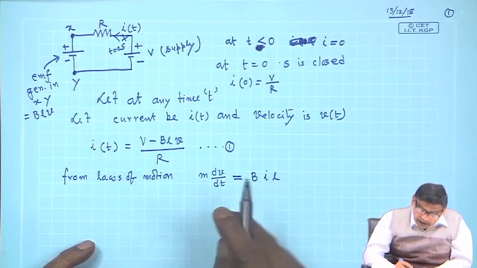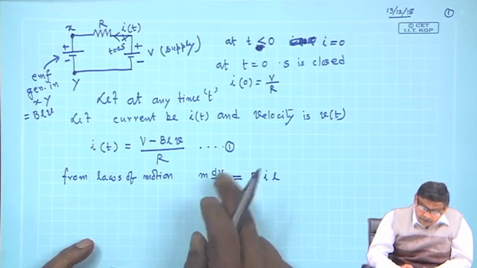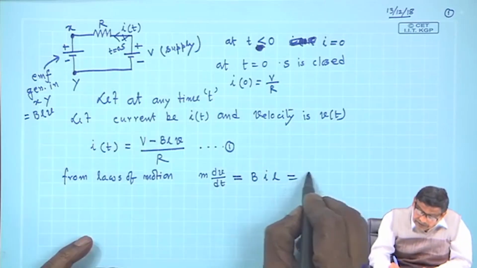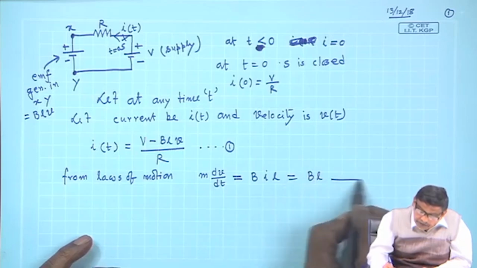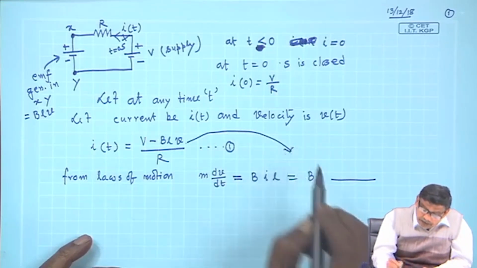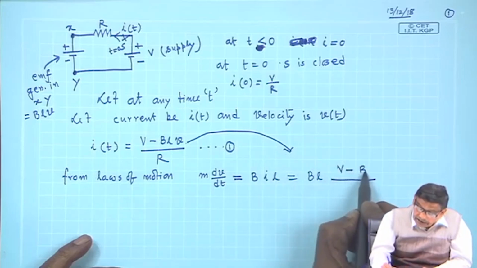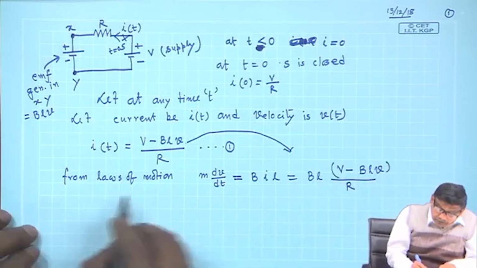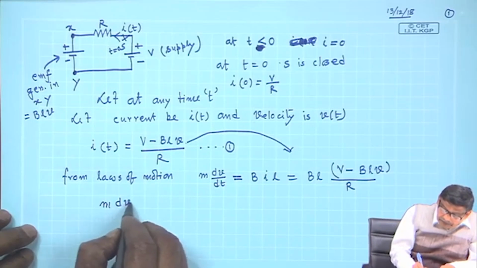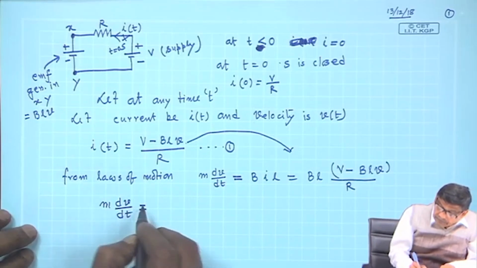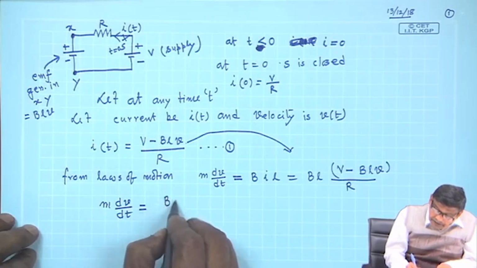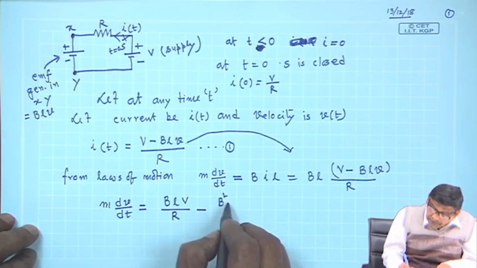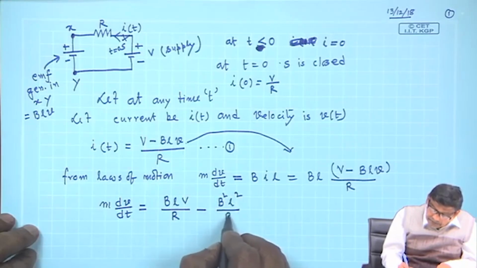Now, I will first solve for velocity. Small v is velocity, not voltage; capital V is the supply voltage. So, this can be written as B into L, and for i you put this expression, V minus B L v divided by R, and therefore m dv/dt is equal to B L V by R minus B square L square by R into v.